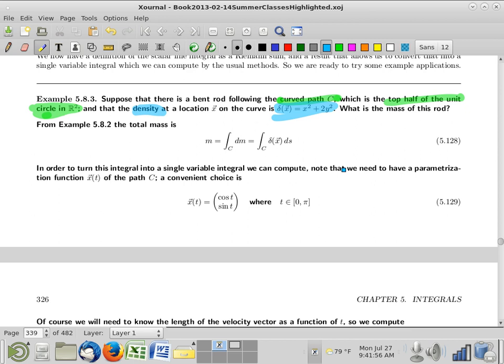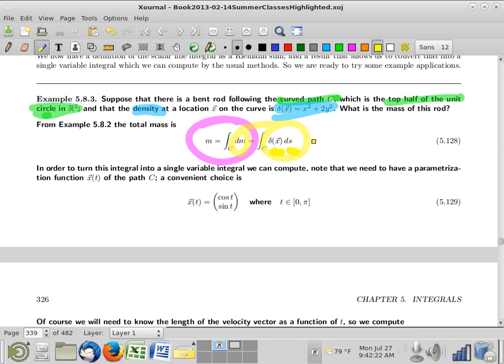Okay. We've already argued that the way you compute mass, let's observe that mass accumulates. Realize that each little piece of mass is density times length. So that's an old argument from an example that we did previously.